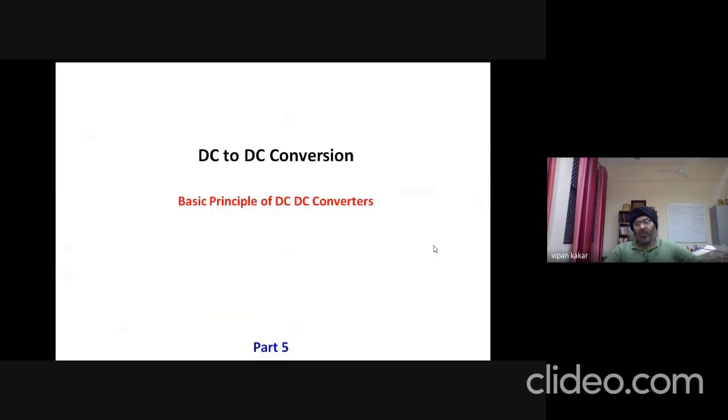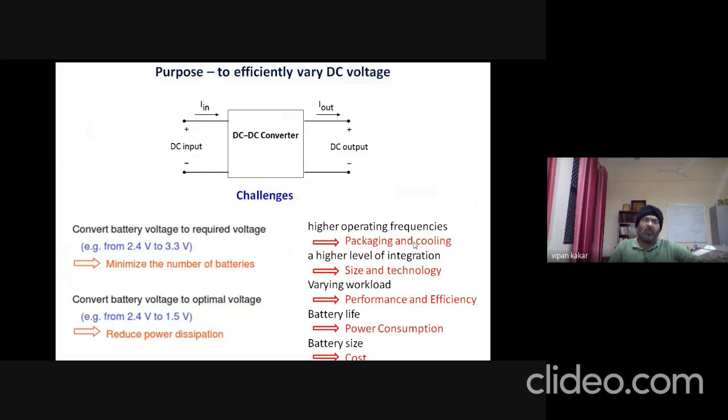Okay, to start with, let's talk about some basic principles. So what's the purpose of this DC to DC converter? Let's say we want to convert a battery voltage to some required voltage.